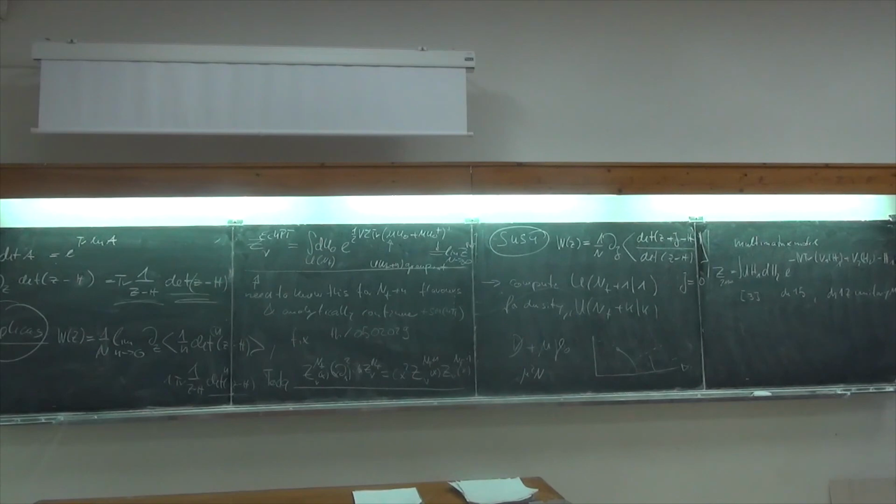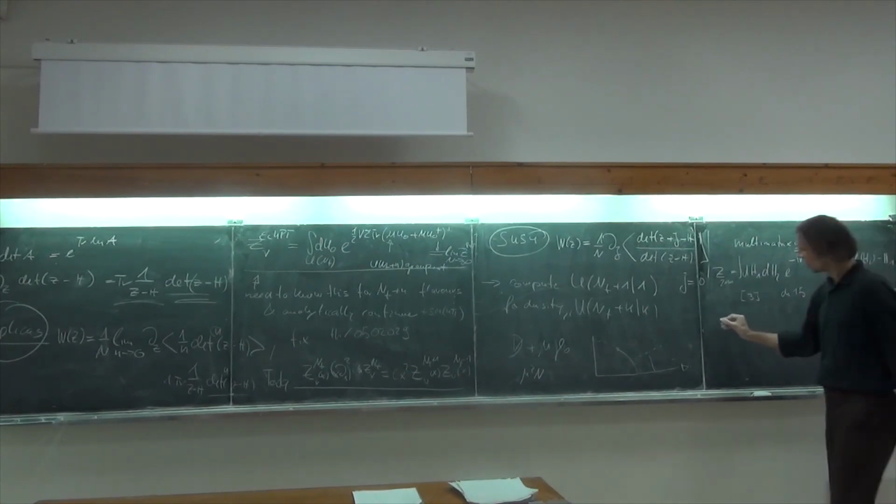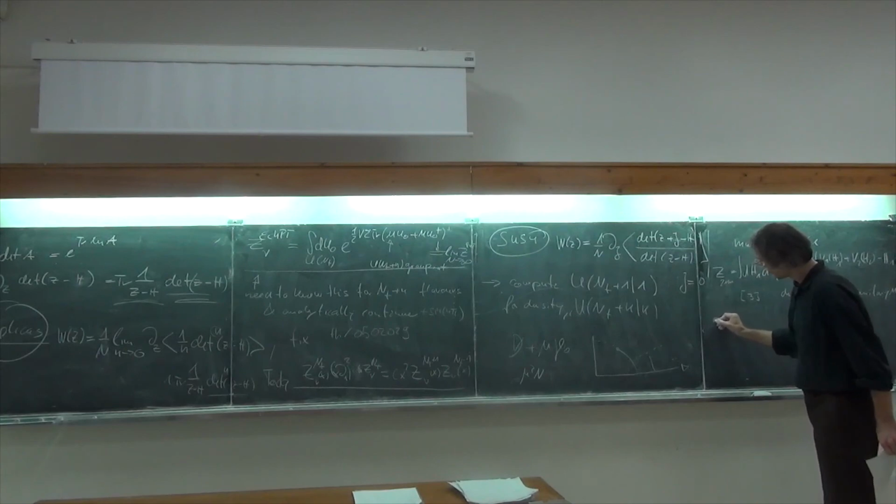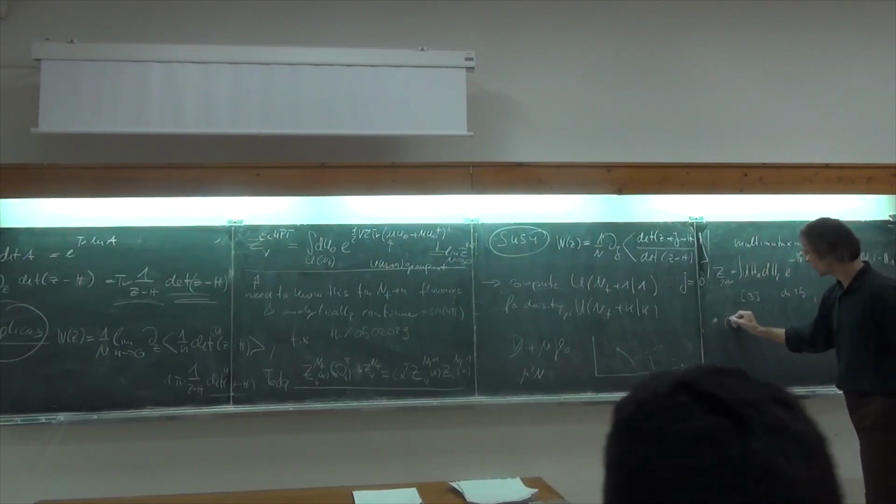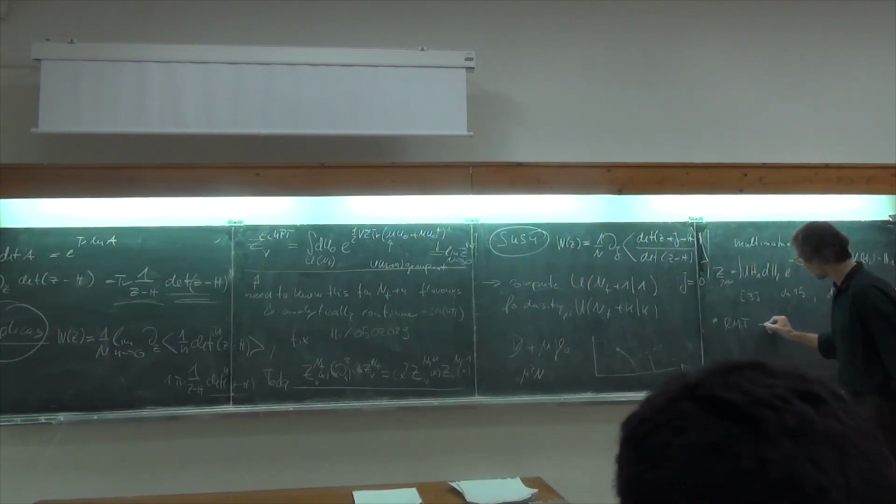But there are, of course, other models. I didn't talk much about the relation between random matrix theory and algebraic geometry.